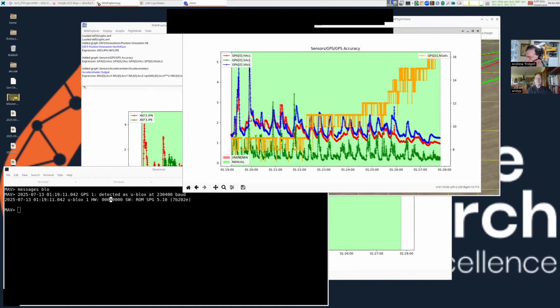All right. So when these numbers are large, it means that the GPS is telling the flight controller, really, I don't really know what's going on, but here's an estimated latitude and longitude where I think I might be. And then, good luck to you. All right. So what would good numbers be?